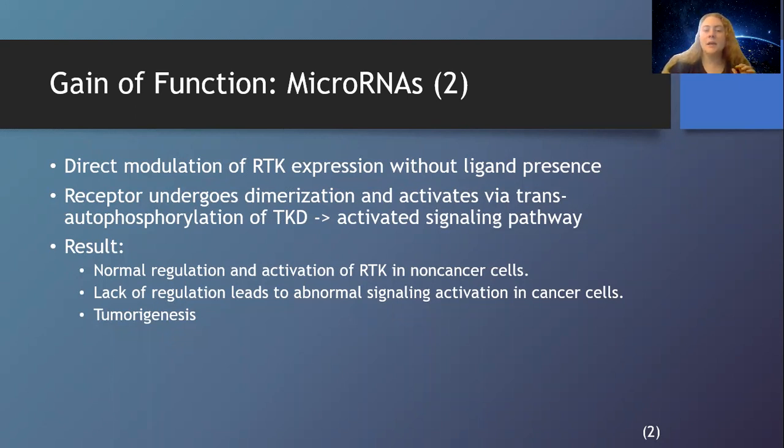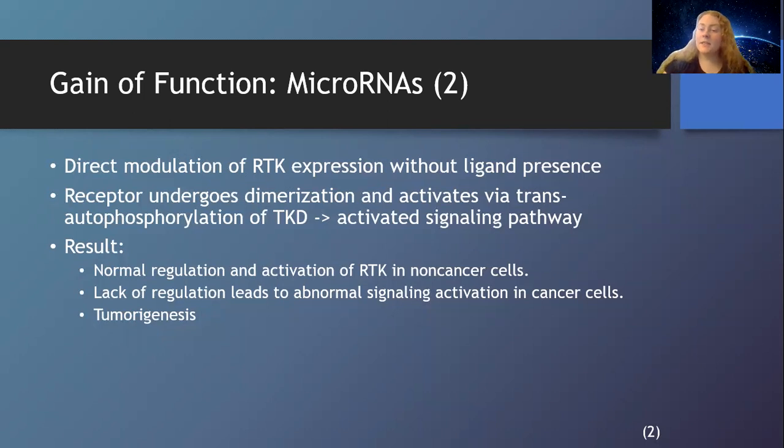MicroRNAs can directly modulate RTK expression without the presence of the ligand. And this is important because microRNAs are already within the cell, so they can regulate RTK expression normally within the cell. And when they do their job properly and do normal amounts of regulation, then you will have normal activation of the cell in non-cancer cells.